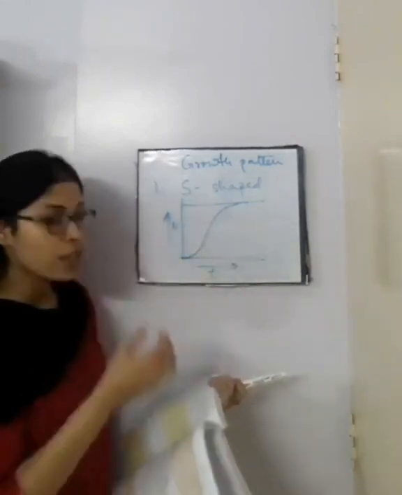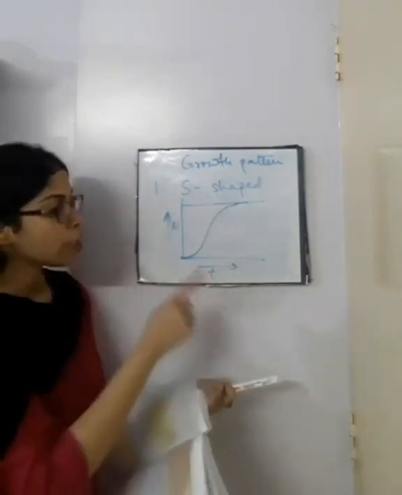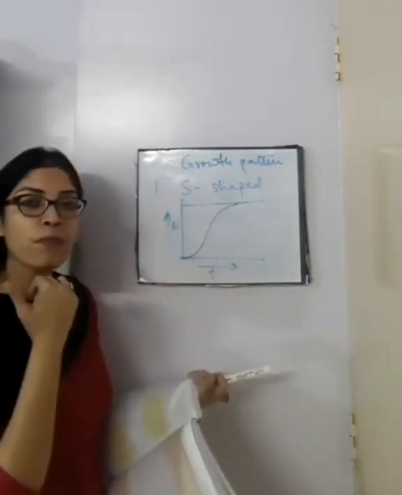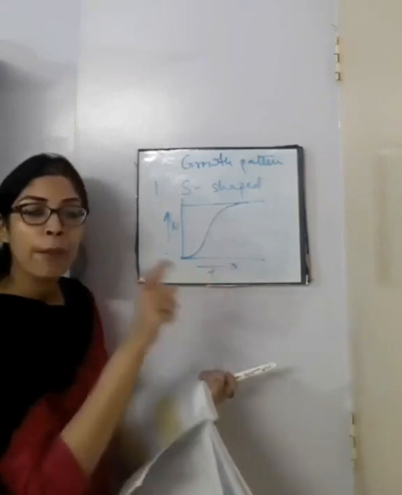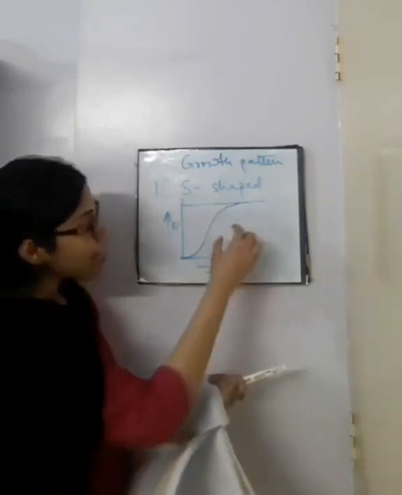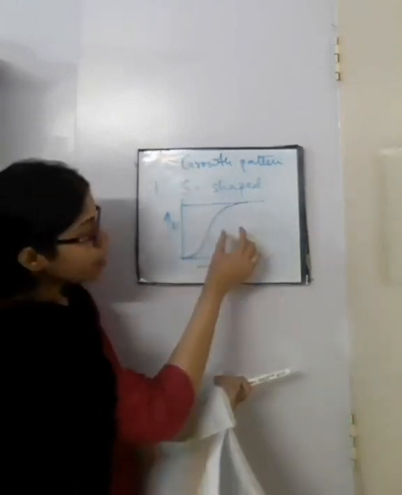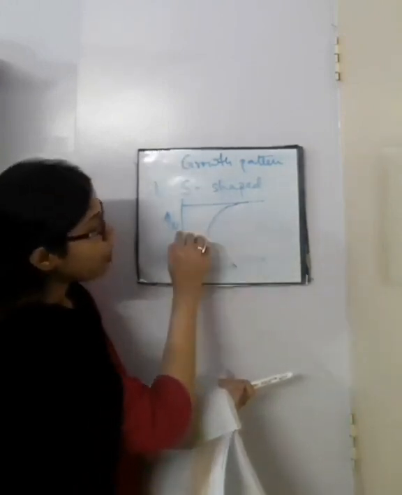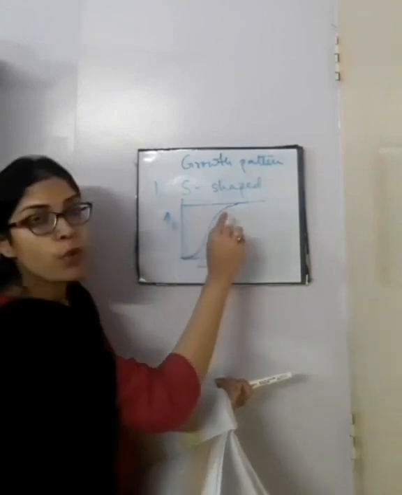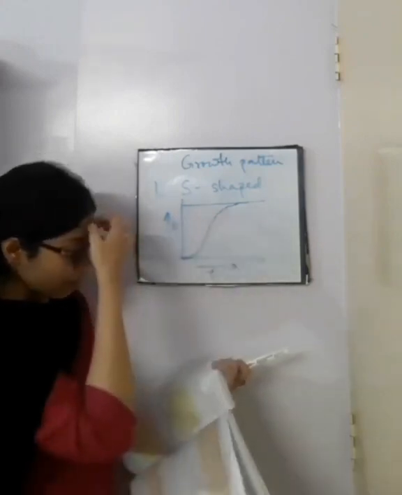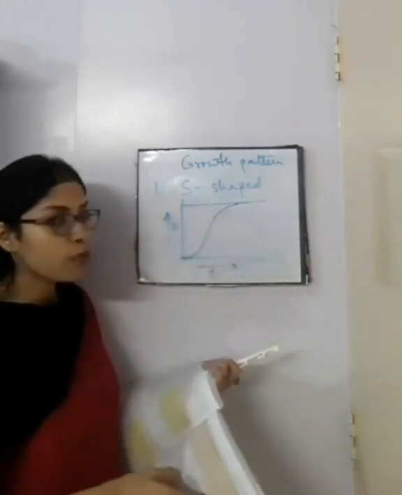This phase is known as the logarithmic phase, where the population is growing extremely rapidly in a little amount of time. Next phase, as you can see, the population is slowing down. It is taking a lot of time, but the population is not growing much. This phase is known as the slowing down phase.